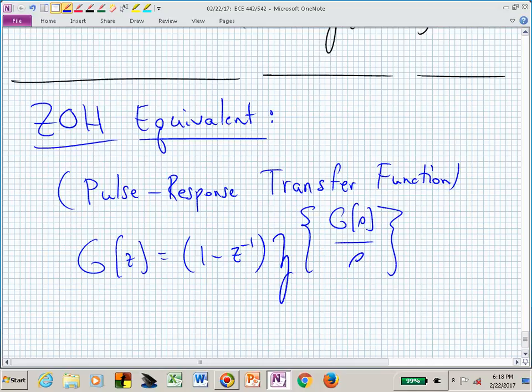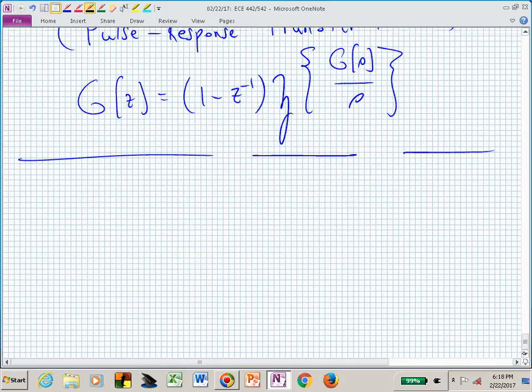That's what we're doing by this script Z curly braces, what's inside. We'll just be able to use the tables and find these pairs. Let's look at some examples so that you can maybe make a connection between what you already know about g of s's, certain plants, and what their zero order hold equivalents might look like. Examples of zero order hold equivalents.